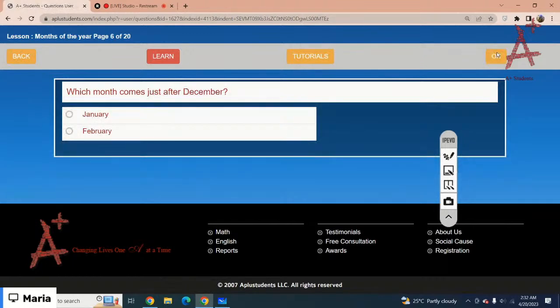Which month comes just after December? It would be January. Got it? Right after December, it would be January.